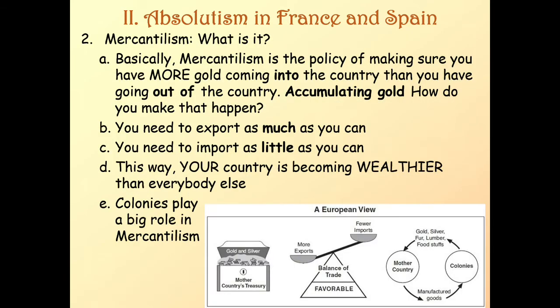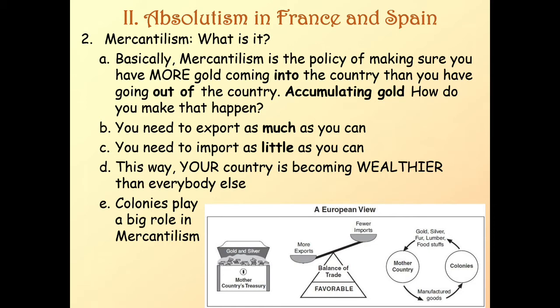So mercantilism, what is it? Well, basically, mercantilism is the policy of making sure that you have more gold coming into your country than you have going out of your country. You're accumulating gold. How do you make that happen? Well, basically, at the most basic level, you have to export as much as you can, because you're getting cash for those exports, and you need to import as little as you can.